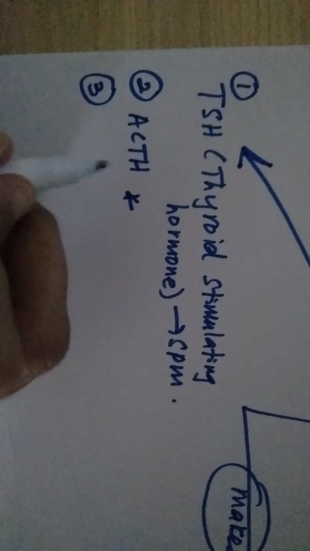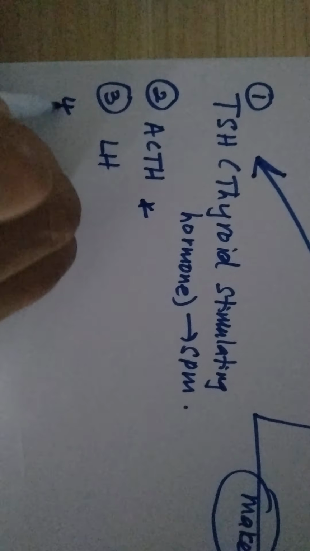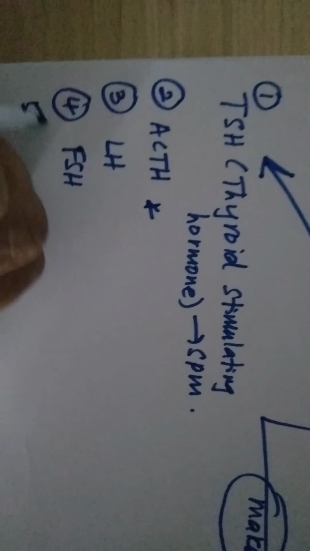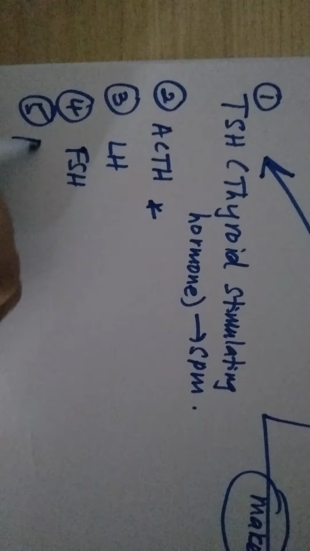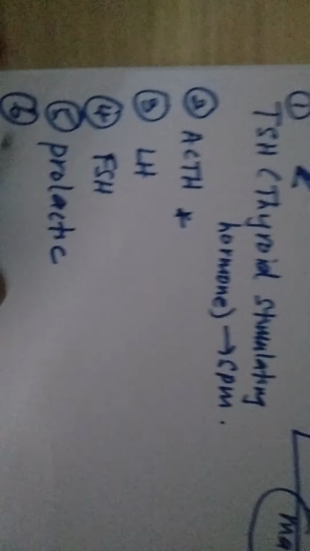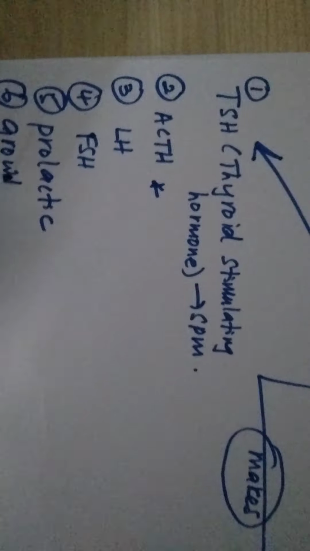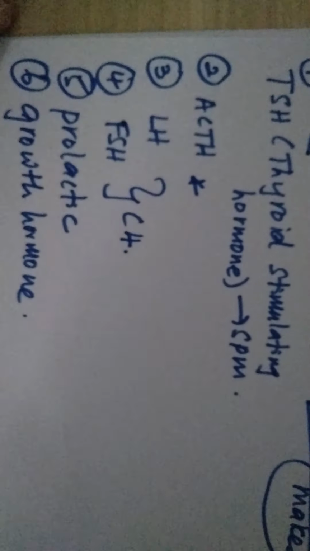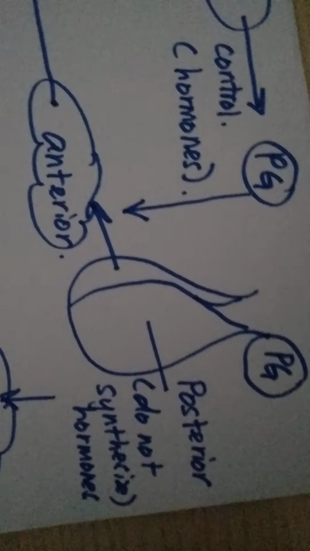Number 3, LH. Number 4, FSH. And number 5, prolactin. Number 6, growth hormone for growth. This is chapter 4.